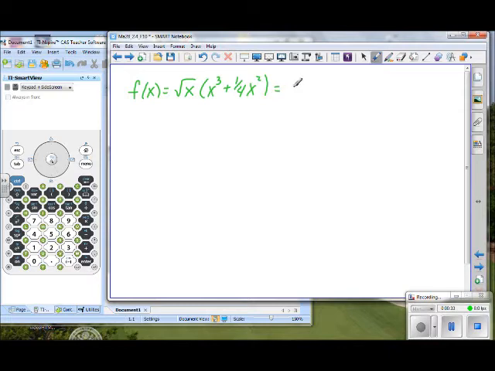Before we start, though, I'm going to write the square root of x as x to the 1/2 power, and then we can work with this problem.